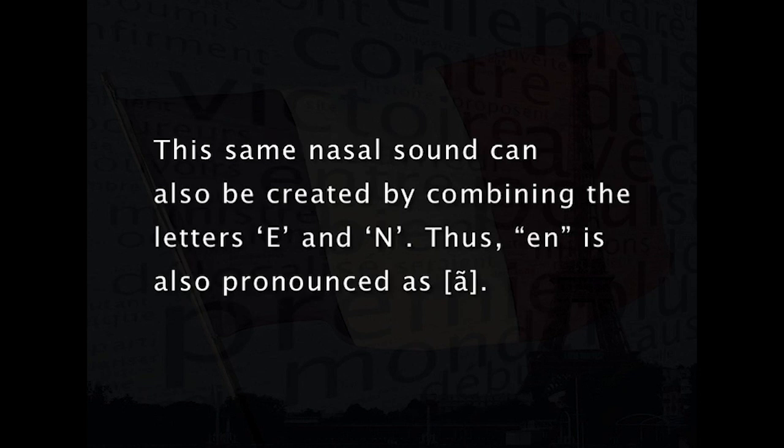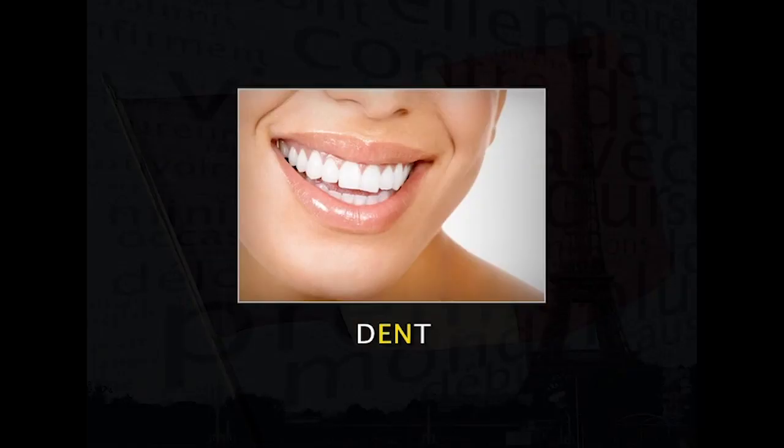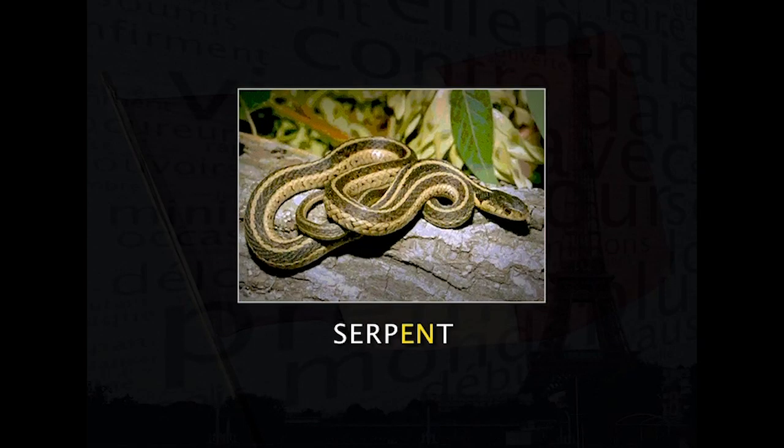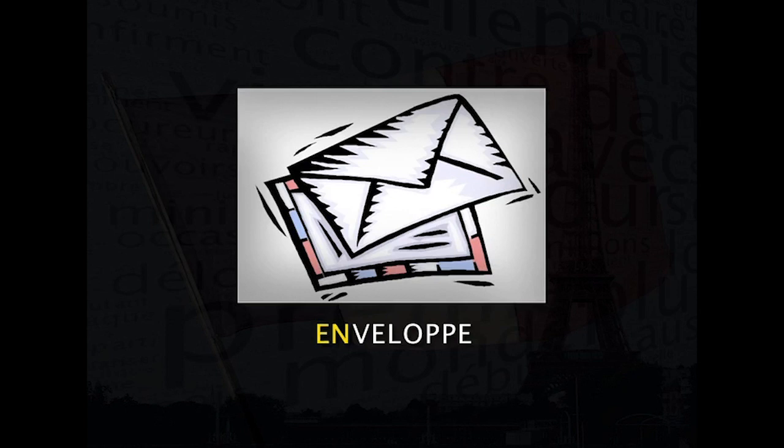This same nasal sound can also be created by combining the letters E and N. Thus, EN is also pronounced the same. For example, dent, serpent, enveloppe. The same rule that we saw regarding the letter M preceding the letters B and P is applicable here too.